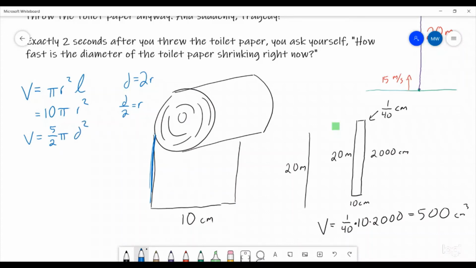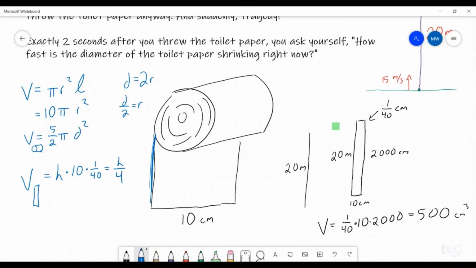So now we have some connection between diameter and volume. But we also know how much volume has been used up. We know the volume of the toilet paper that's been pulled out, so volume of our strip versus volume of the cylinder. The volume of the strip is equal to our height times 10 times 1/40th. So this is equal to h over 4.